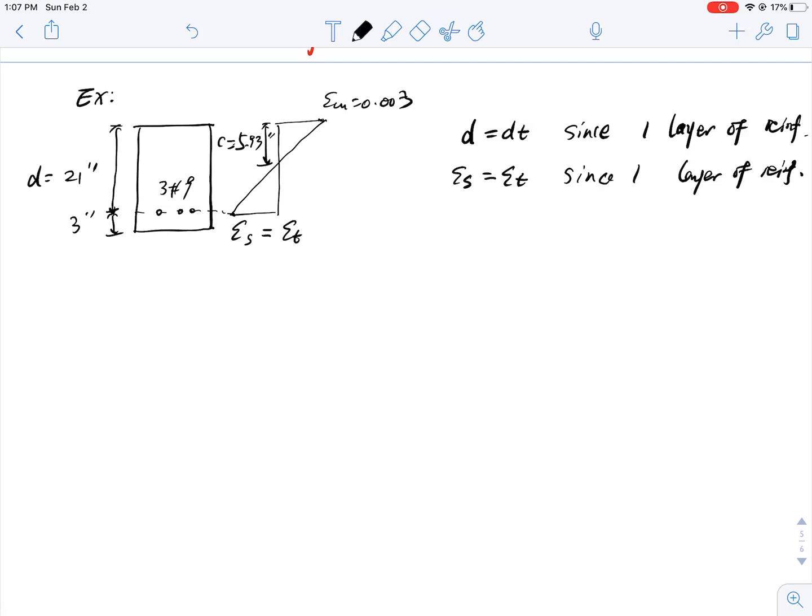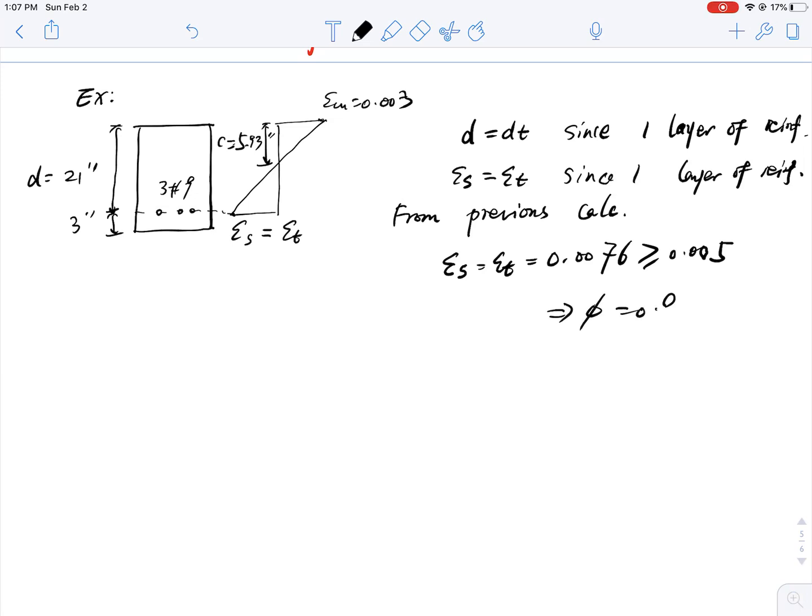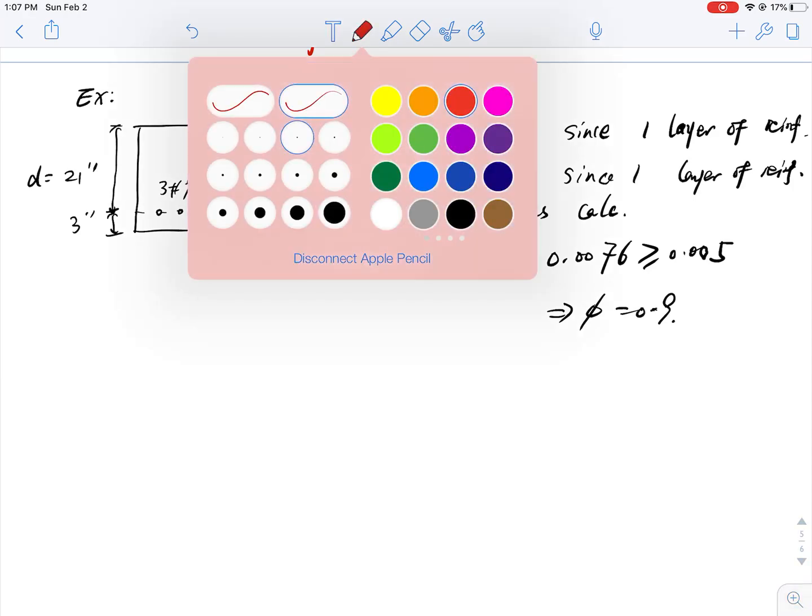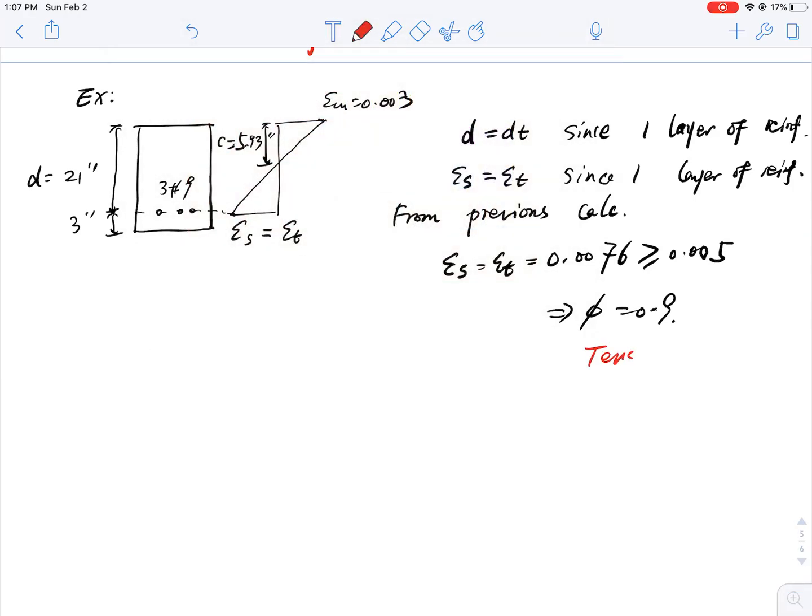From the previous calculations, we found epsilon s equal to epsilon t equal to 0.0076, which is bigger than 0.005. So I know my phi equal to 0.9 and it is tension controlled.